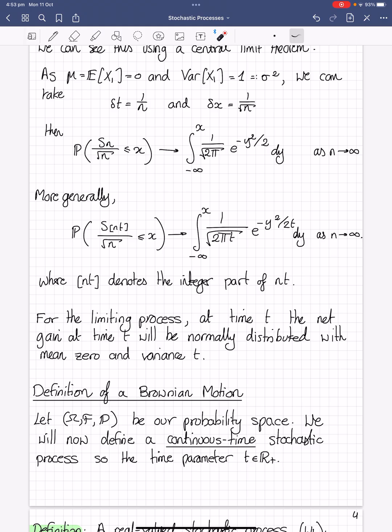So that gives us the viewpoint of a Brownian motion as a rescaled random walk. Next week I'm going to show you a proof, which is a slightly different way to tackle this, and will give you a more complete and technical proof of why Brownian motion exists.